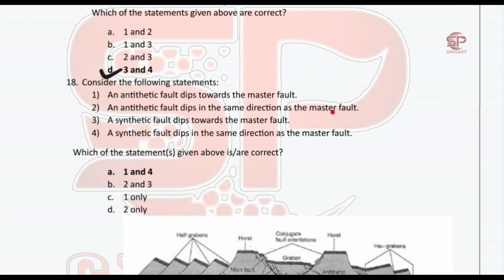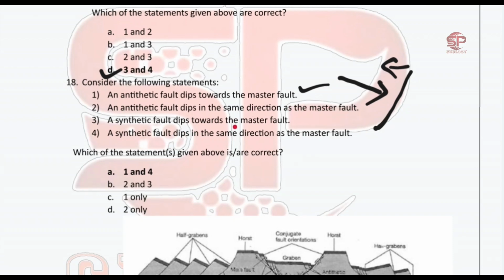Sorry. An antithetic fault dips towards the master fault, meaning it is dipping opposite to the master fault. So it will be correct. And an antithetic fault dips in the same direction as the master fault will be wrong, because an antithetic fault dips opposite to the master fault.